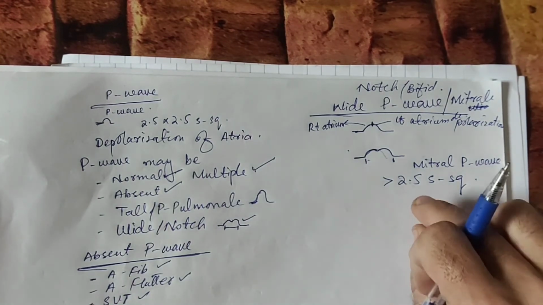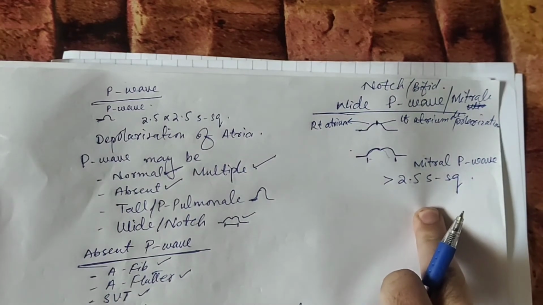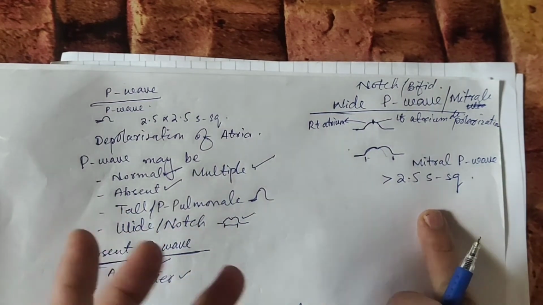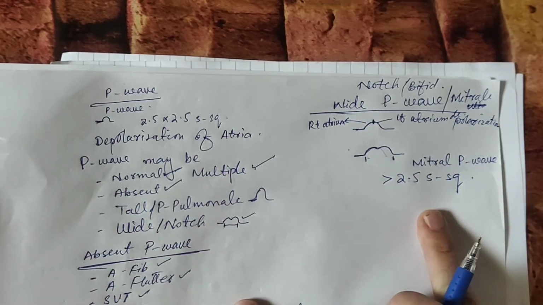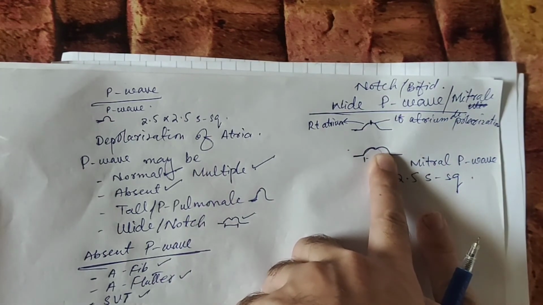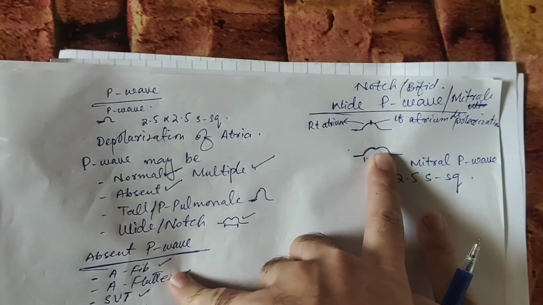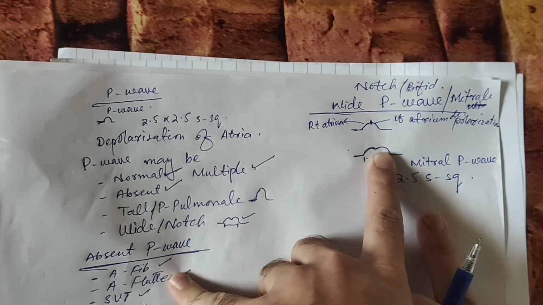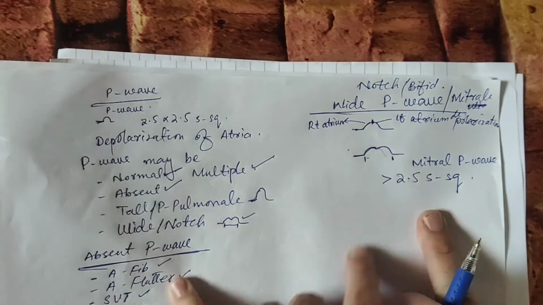When there is left ventricular failure. Due to left ventricular failure, left atrial enlargement occurs, so P-mitral forms. Other cases are mitral stenosis and mitral regurgitation.